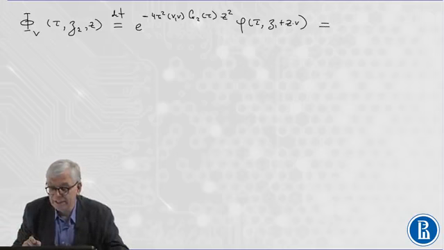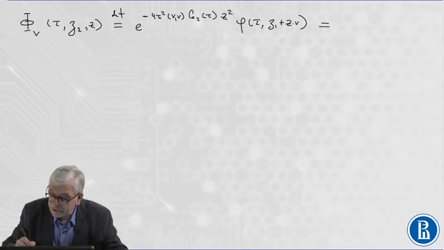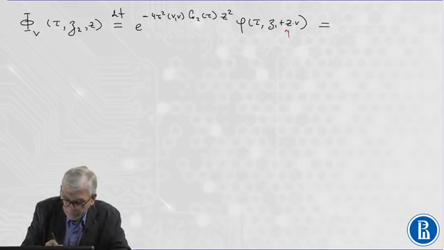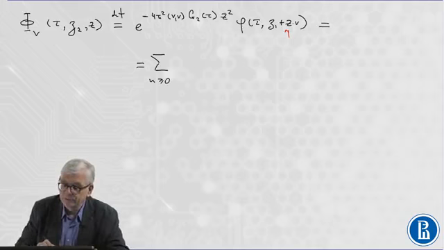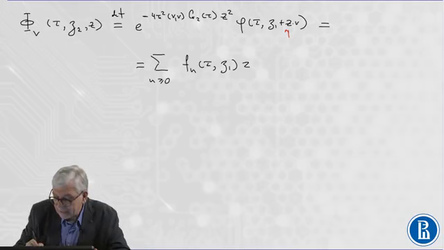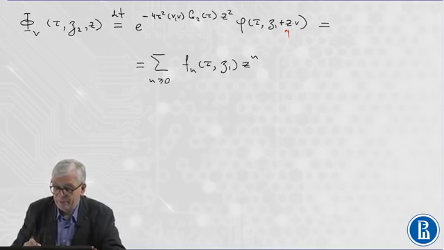Let us analyze the Taylor expansion of this function in z. I get the sum over n greater or equal to 0 of the Taylor coefficient f index n, which depends now on tau and z1, times z to the power n.